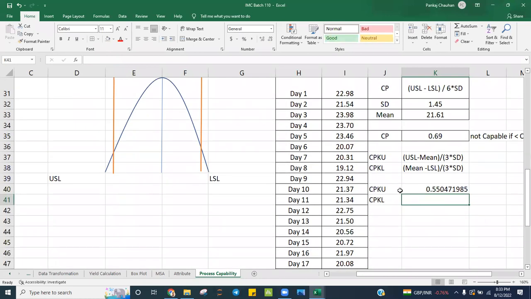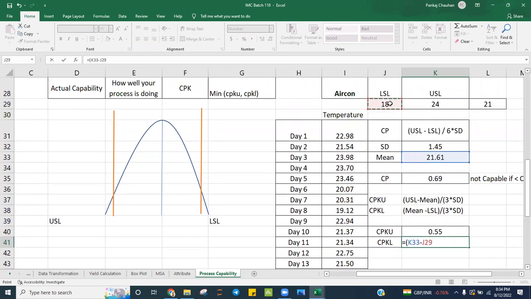On the upper side, you are getting CPKU, which is only 0.55. Again less than 1, which means there is a lot of chance of defects. Let's see on the lower side what the chances are. So the lower side is your mean value minus the lower specification limit, which is 18, divided by 3 times the standard deviation.